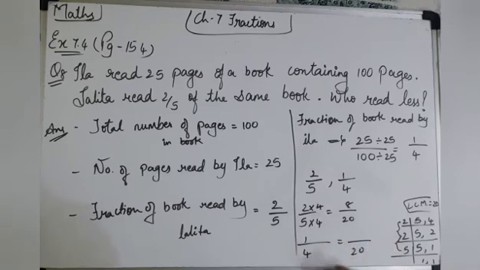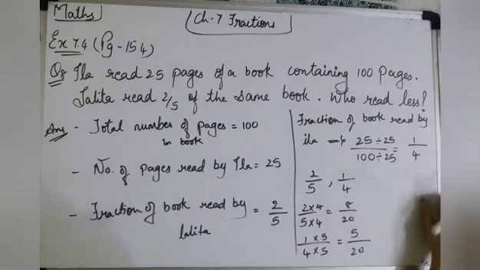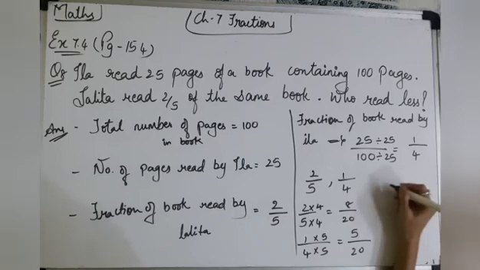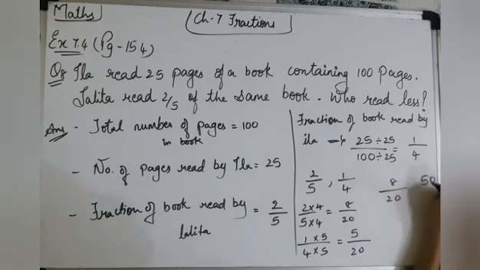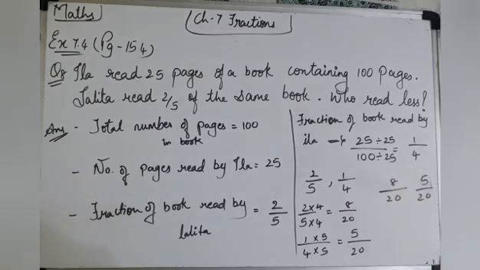So I will get 20 by 5, right? So in numerator also I will multiply by 5. 5 ones are 5. As you can see that eight upon 20 and 5 upon 20.